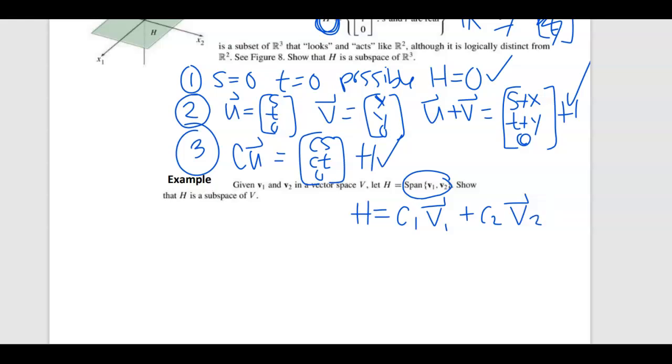That means that that's what the span is. Number 1, show that H is a subspace. If we have 0 v1 plus 0 v2, that's in the span, so the zero vector is in H, beautiful.